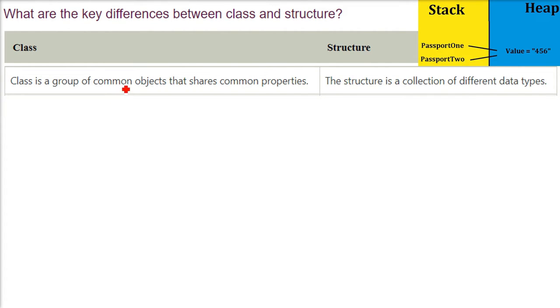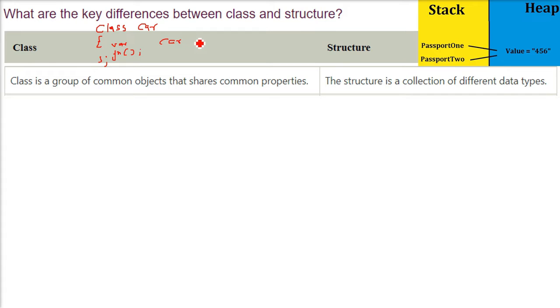So class is a blueprint. It's just a template from which objects are made. So if we are making a class, say car, in this class we have certain variables declared, and we have some functions declared. And a class is a group of common objects that share certain common properties.